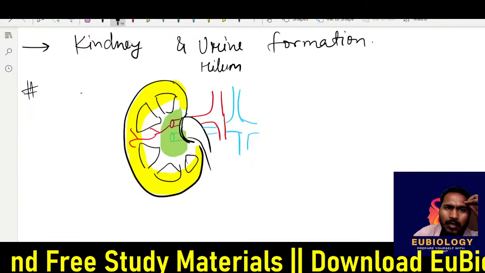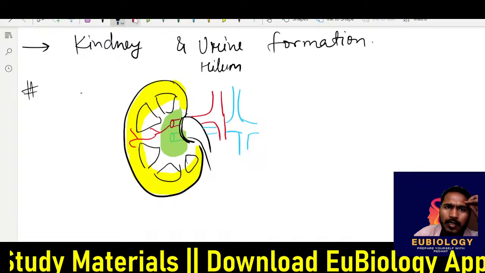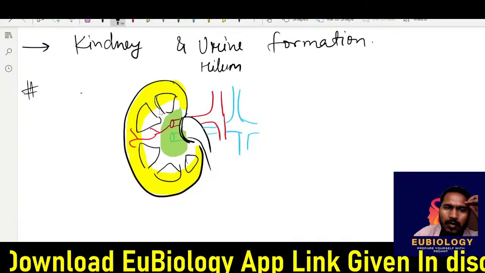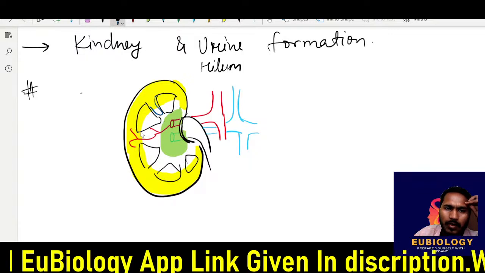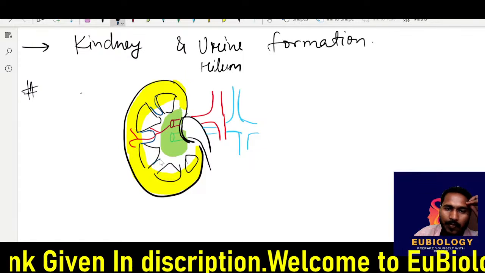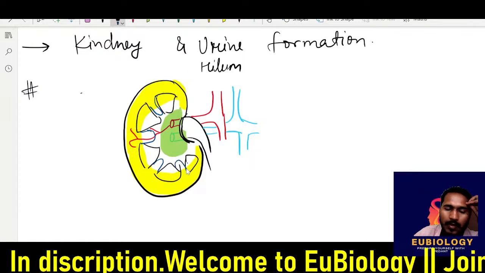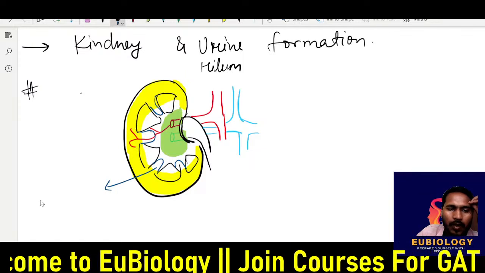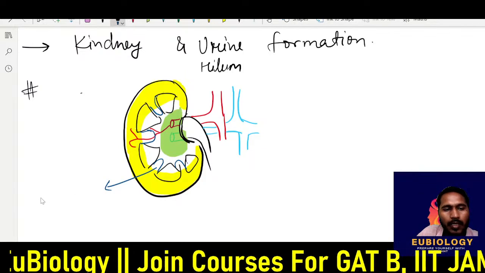Now, the region you are seeing here is called the column of Bertini. This gap which you are seeing, this blue color gap, is called the renal column, you can say, or column of Bertini.